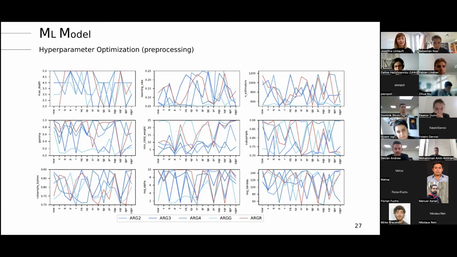Apparently it does have a strong effect, and it changes a lot. Whenever we apply some preprocessing, we also have to change our hyperparameters.